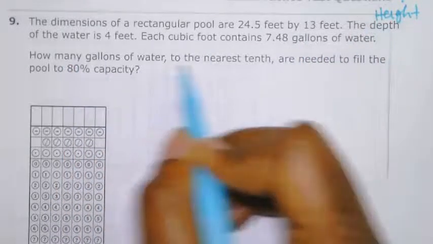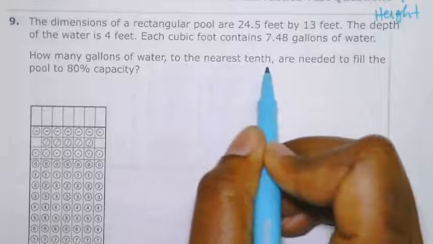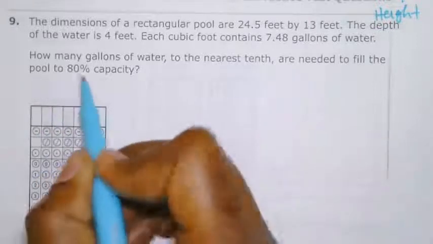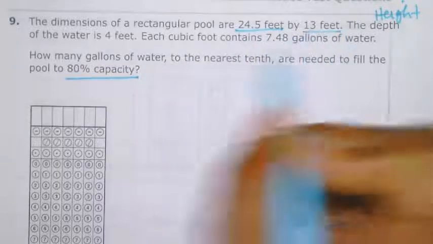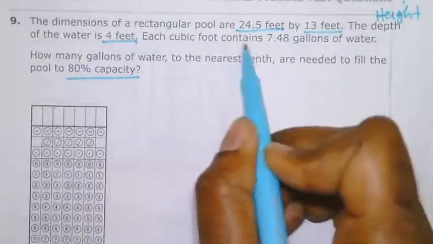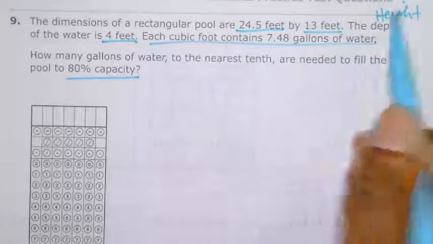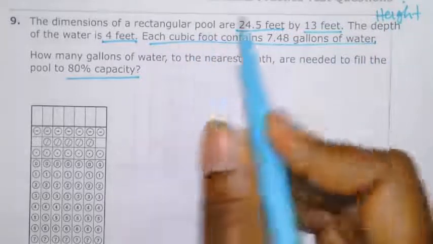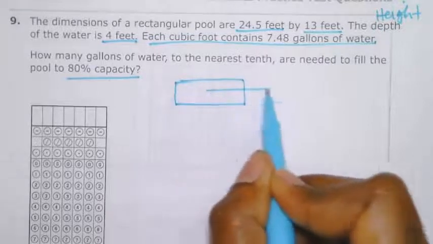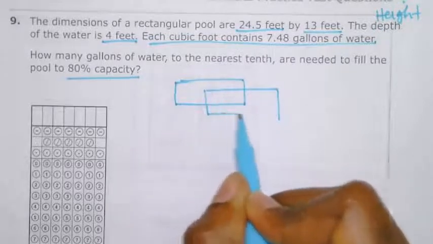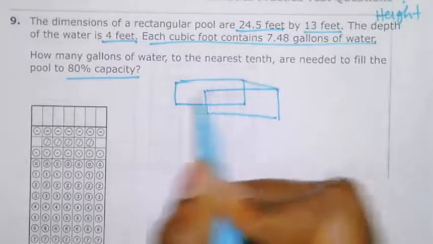How many gallons of water, to the nearest tenth, are needed to fill the pool to 80% capacity? So I'm highlighting the key information that we need. And of course, it says it's a rectangular pool, so I'm going to draw just a simple representation of what it should look like.